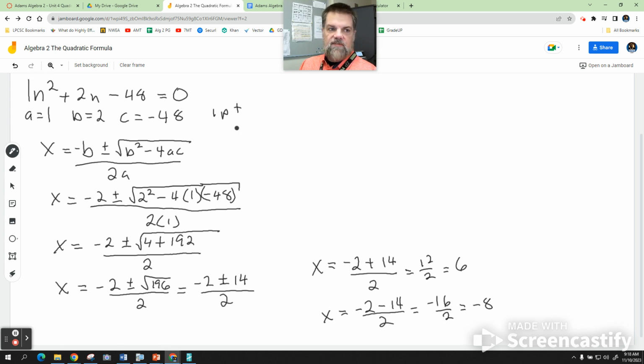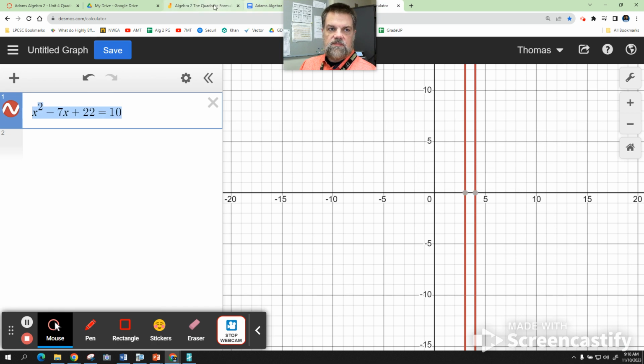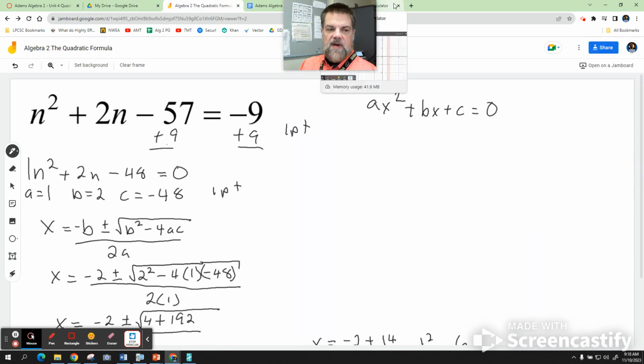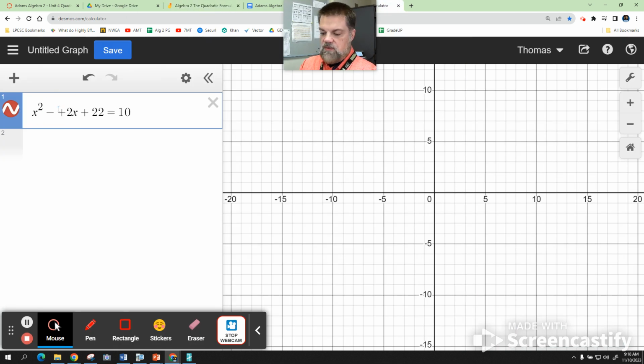So I'm going to graph this real quick in my Desmos calculator. I've got positive 2n, so we say positive 2x plus 2x. Wasn't it minus 57?